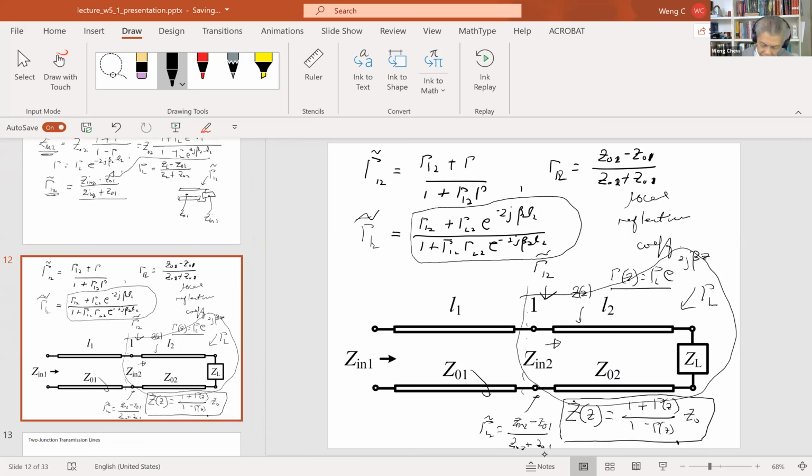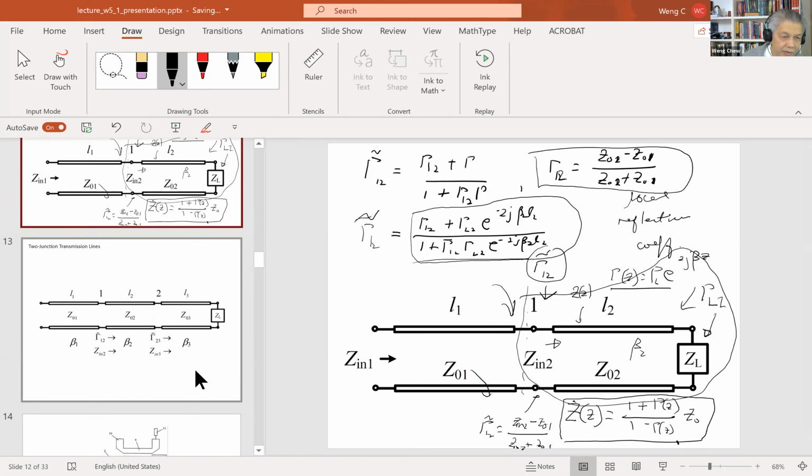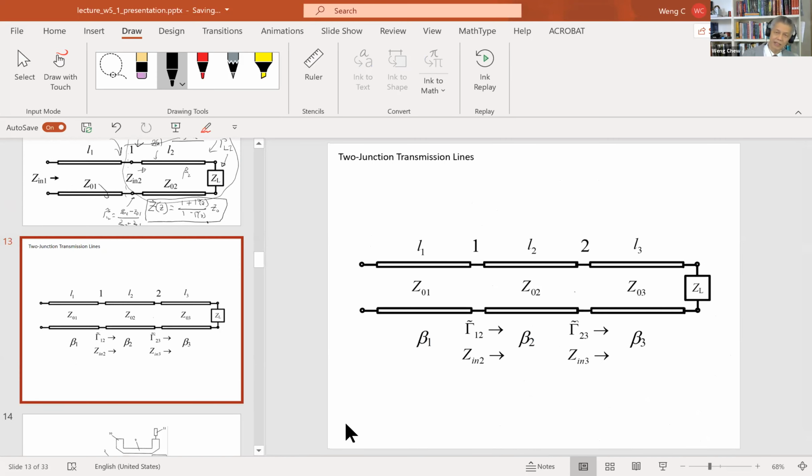This formula says that once you know the gamma 1, 2 local at this junction, and then if you know gamma L2 at the load here, and if you know beta 2, you can actually use this formula to find out what the reflection coefficient should be at this end, okay? And then with that reflection coefficient, you can calculate the impedance you should see there, okay? So with this, you can extend this to a 2-junction transmission line.